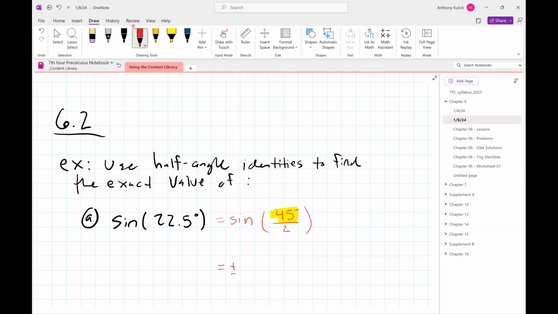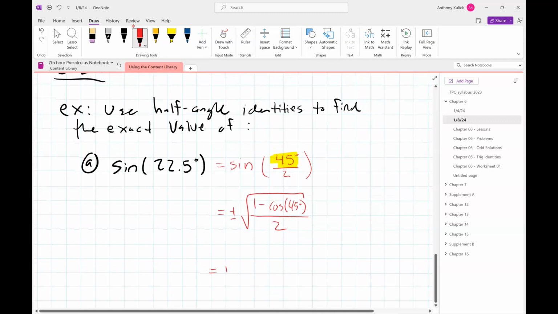So I'm just going to plug 45 degrees into the x in my formula. Does everybody feel okay with how I found the correct identity and how I plugged the numbers in? Okay.